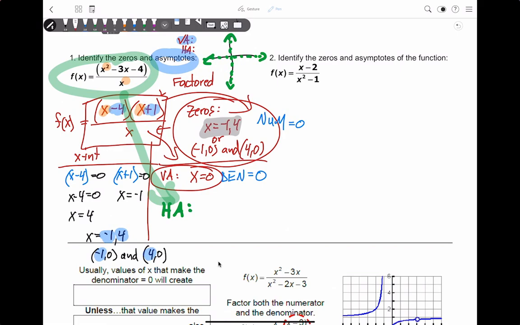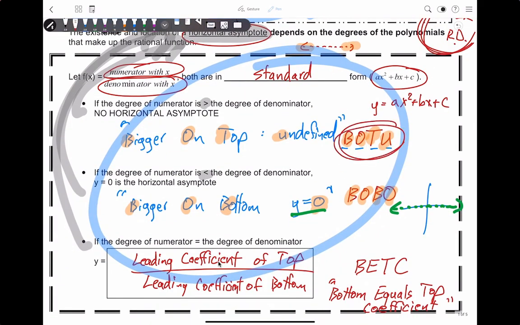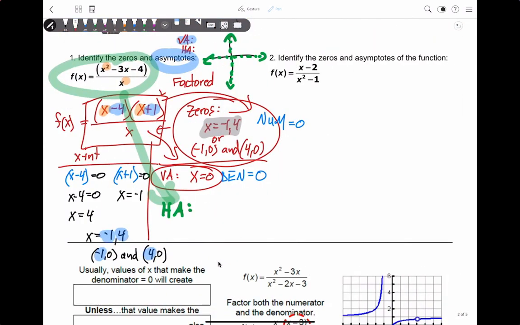So right now, it's bigger on top, and we know from back here that bigger on top is going to be undefined. So this one will not have a horizontal asymptote. There's going to be more to it, but for now we'll just say none.